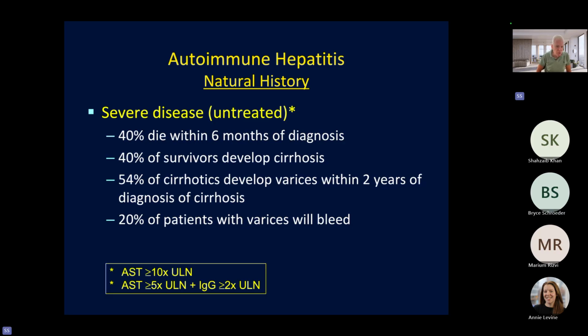So if you don't treat these patients, 40% will die within 6 months of diagnosis. 40% of the survivors develop cirrhosis. 54% of cirrhotics develop varices within 2 years, and 20% of patients with varices will bleed. So obviously, this is a group where non-treatment is never going to be an option.